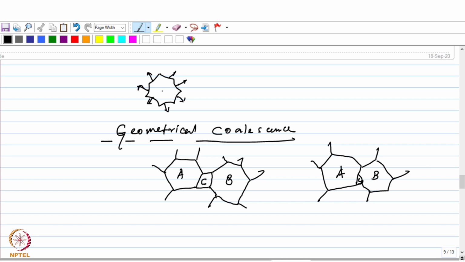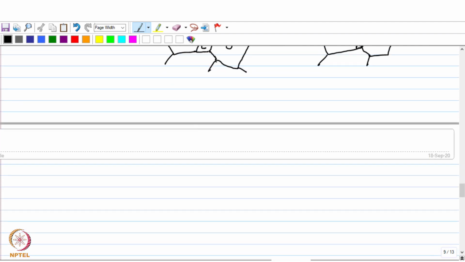As you could see from here also. So ultimately this smaller grain C will disappear and there will be a boundary developed between these two grains A and B. Okay. So with regard to that boundary, there are two possibilities.